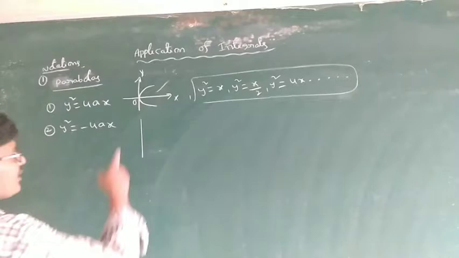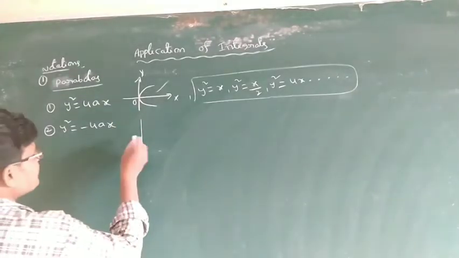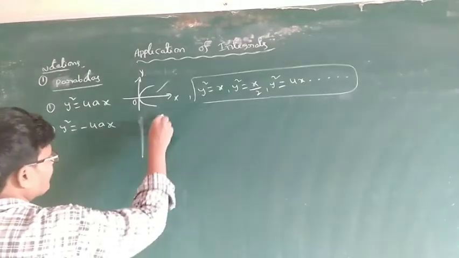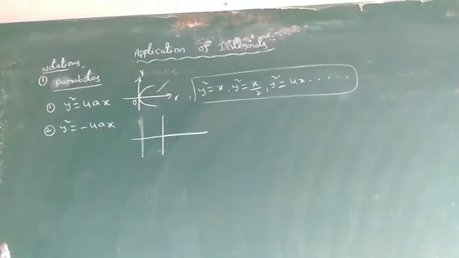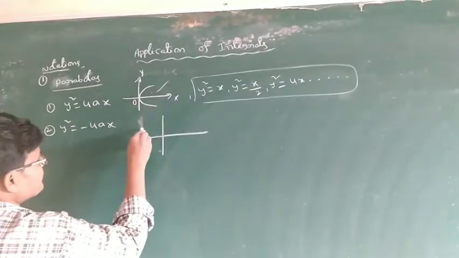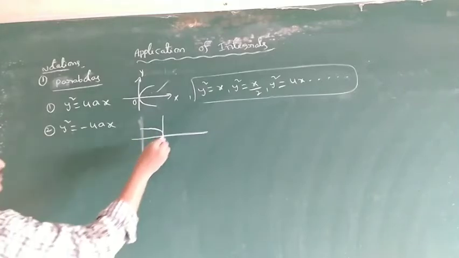The diagram structure is important. This is opposite, so this is the positive x-axis. Y square is equal to minus means this curve will be this one.